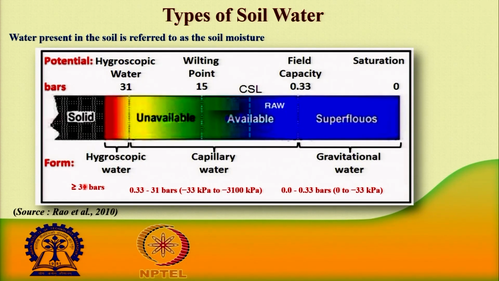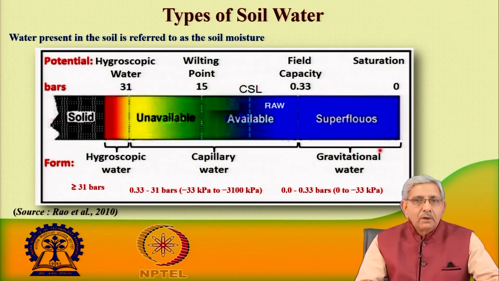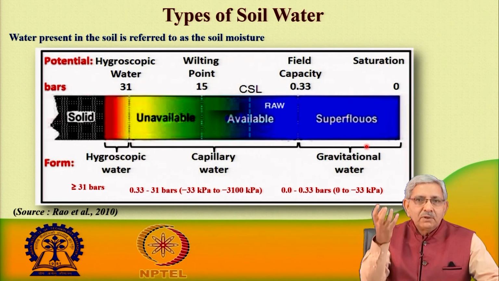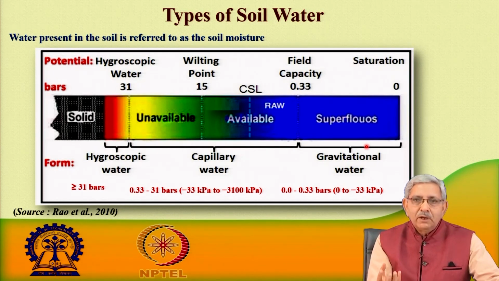Now, we come across different types of soil water in the literature, which have certain physical meaning. Suppose it is a saturated soil column, and we allow the water to flow by gravity, and it comes out freely under the influence of gravity.